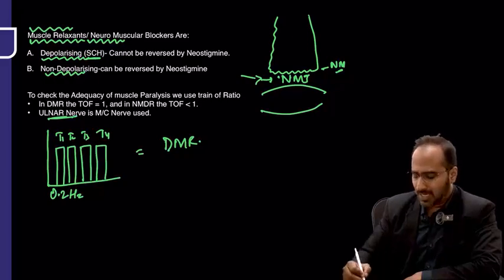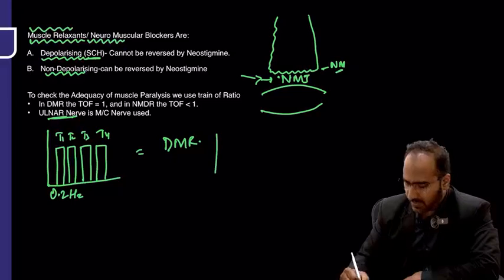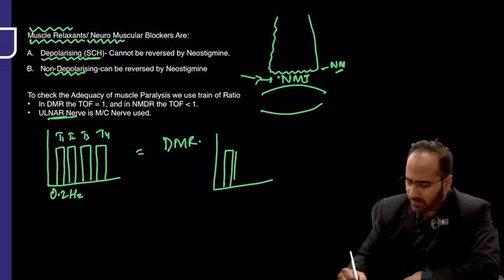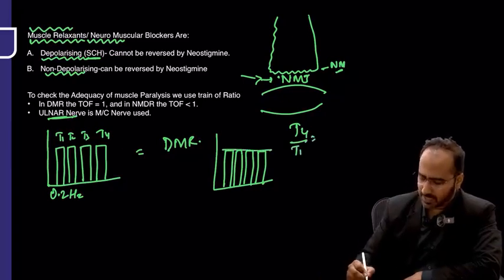Remember, guys, when you give a depolarizing muscle relaxant, all twitch heights will be the same, the first to the last. If you take a ratio of T4 by T1, all the heights will be the same.